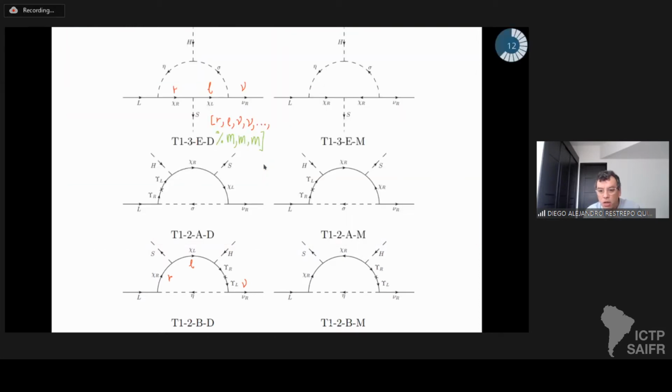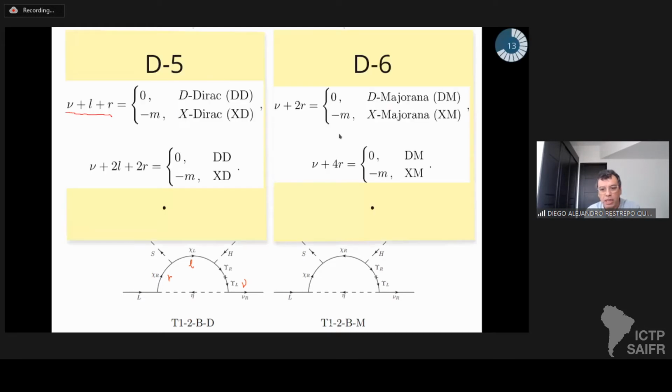And for the other topology, it is possible to also use a Majorana mediator that also acquires a mass through the spontaneous symmetry breaking. And in addition, we will then have the dark Majorana mediator solution and the active Majorana mediator solution in both dimension 5 and dimension 6.